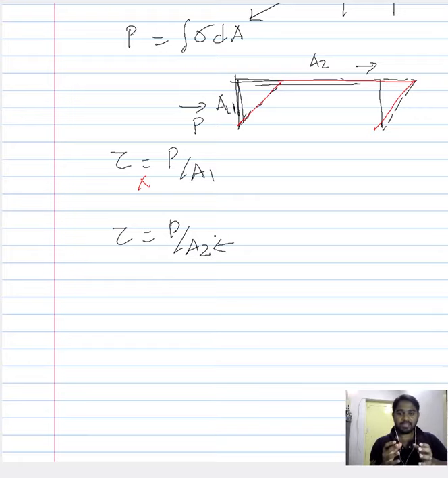The resistance is proportional to a particular area, and this is the area you should consider when you calculate the stress. By that definition the shear stress is expressed as P by A2, that is this area, the area that is parallel to the load.